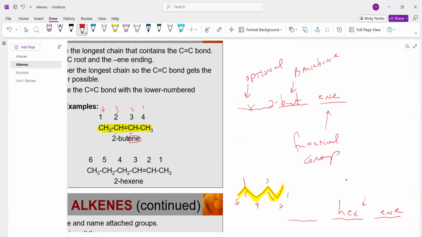We leave that A off, because it would be a hexane if we put the A there, and no one pronounces the A, so over the years they've just eliminated the A. All right, so we have a hexene, and where does the double bond start? What carbon? Carbon number 2. So it's going to be 2-hexene, and we have the branch on carbon number 5.